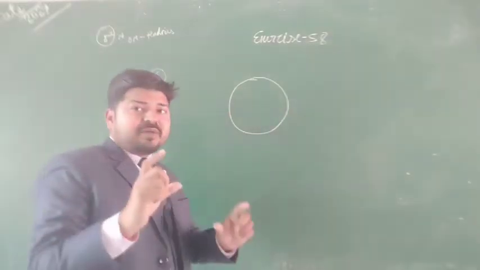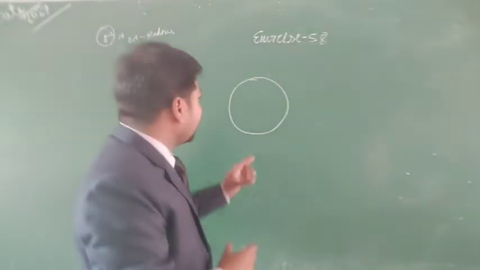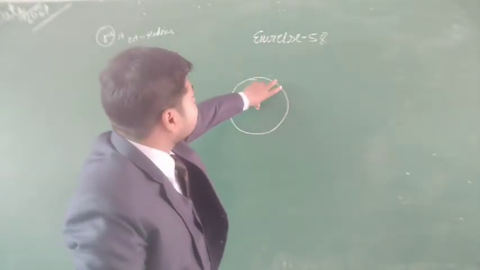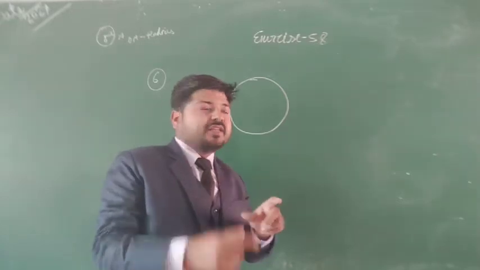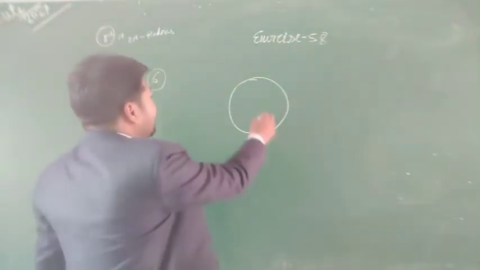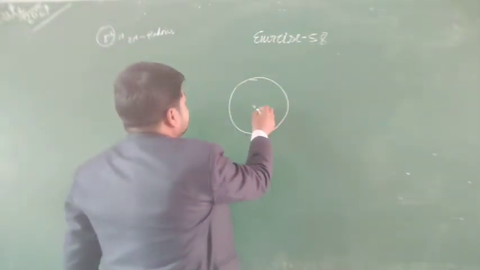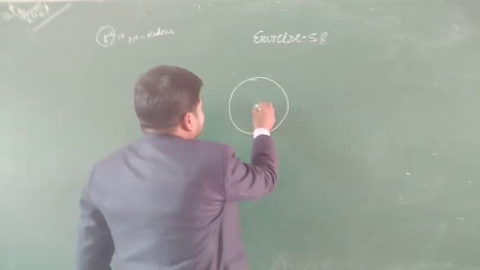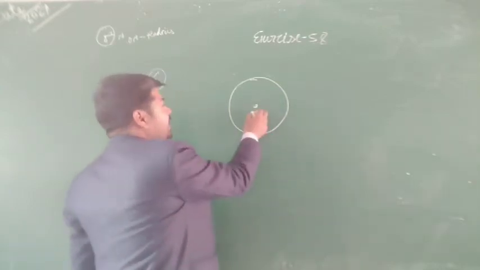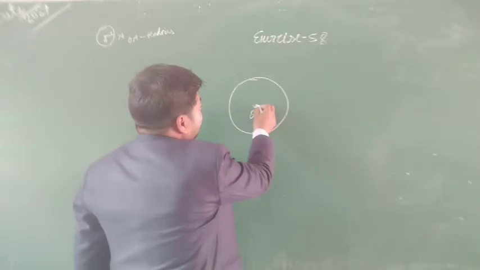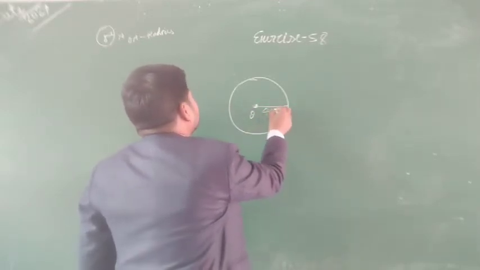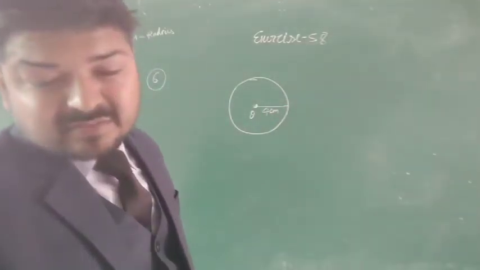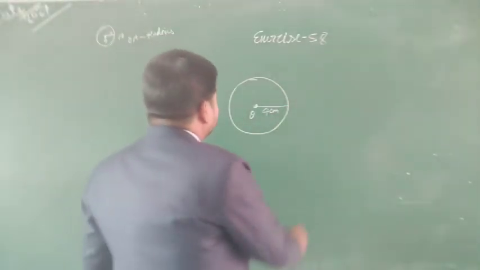You have to use compass to draw this figure. With the help of compass, firstly you will measure the 4 centimeter distance on your scale. Then you will draw a circle of 4 centimeter, and name its center as O. And what is the radius of this circle? 4 centimeter.